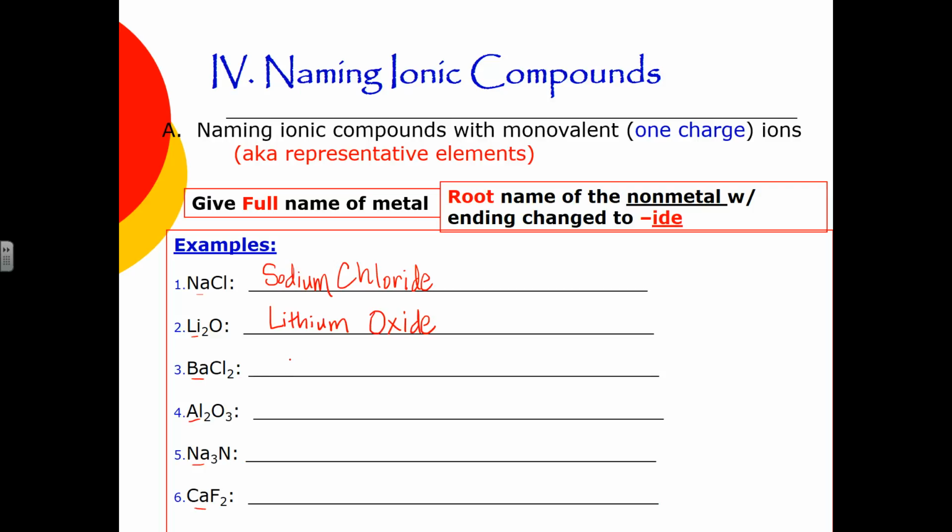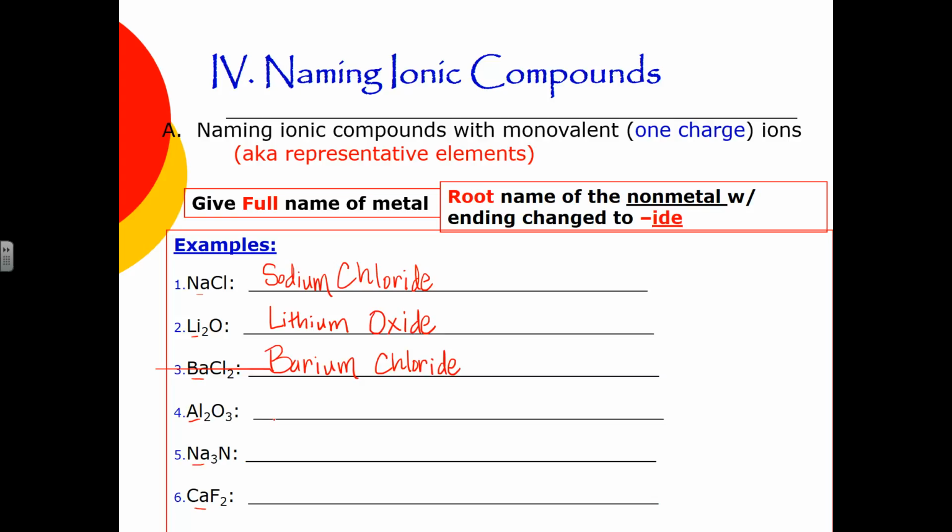The third one, barium, BARIUM, full name of the metal, and then chlorine changes again to chloride, CHLORIDE. The subscripts do not affect how you name these compounds. Always give the full name of the metal and then the root name plus "ide" for the nonmetal.